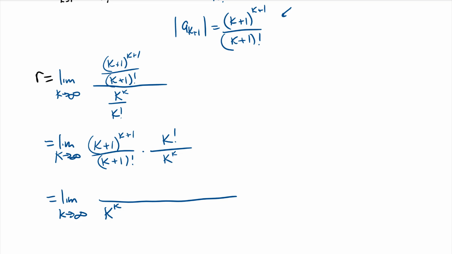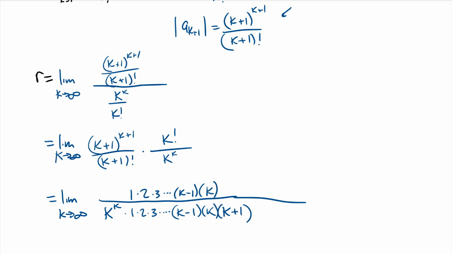And then we're going to have our k plus 1 factorial, which is 1 times 2 times 3 times dot, dot, dot, k minus 1, k, k plus 1. There we go. We handled the denominator. That's the simpler one of the two. And now I think I'm just going to write in the k factorial up top: 1 times 2 times 3 times dot, dot, dot, k minus 1 times k.